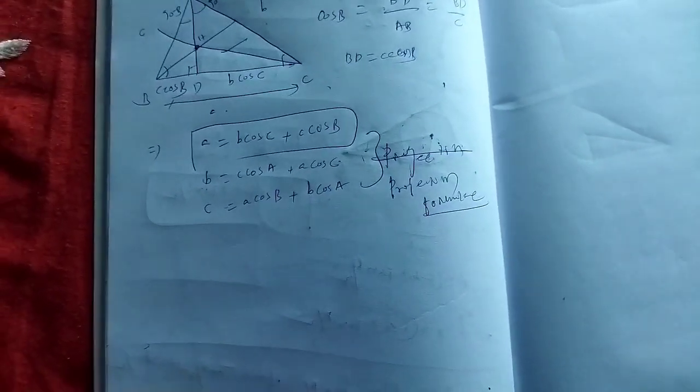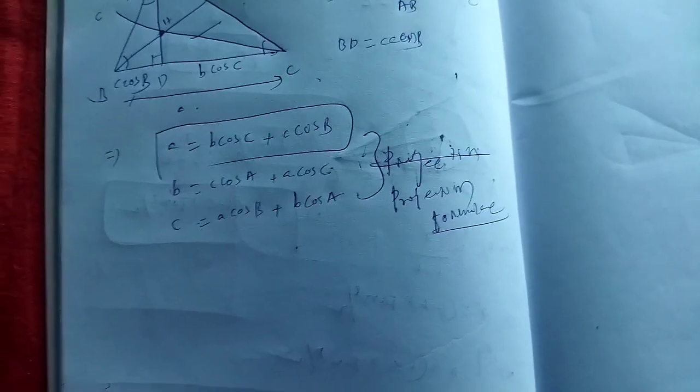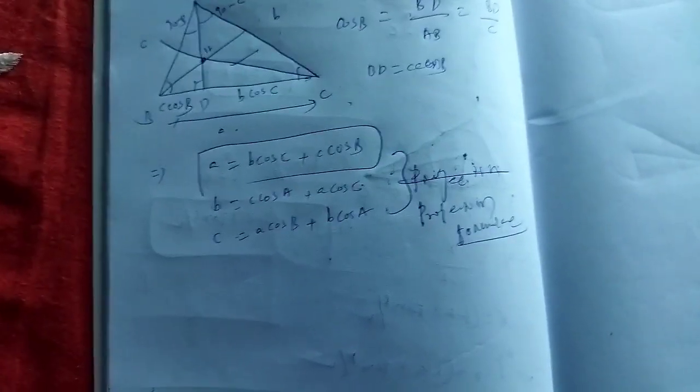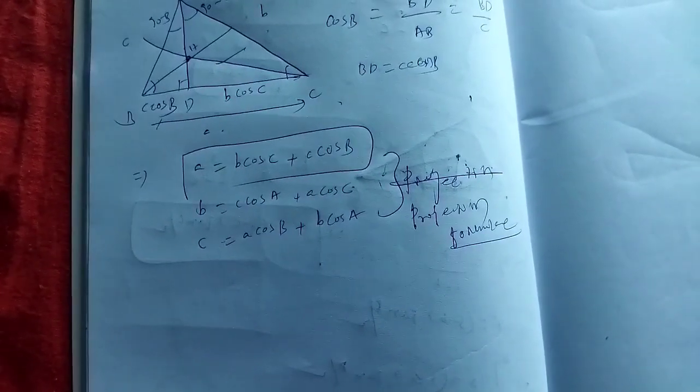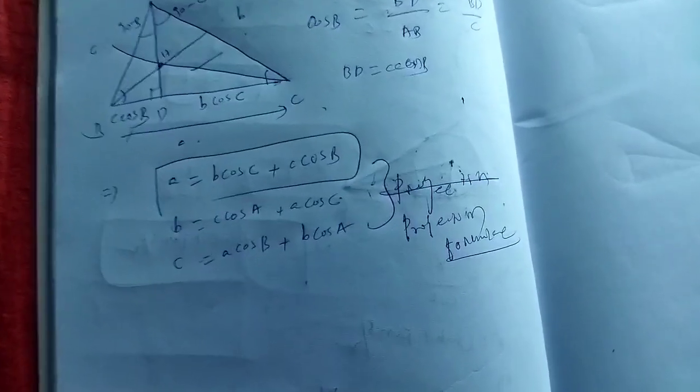So by projection formulae, we can write the sides of the triangle: a as b cos C plus c cos B, b equal to c cos A plus a cos C, and c so on, right?